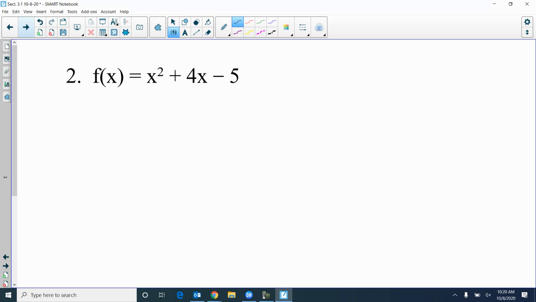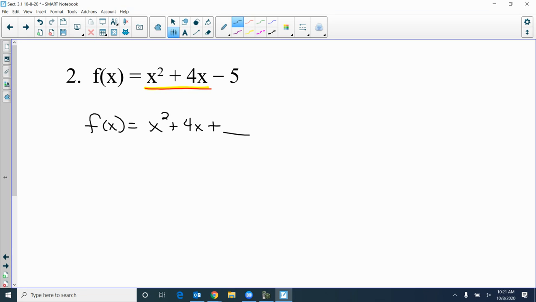Here's how we're going to do that. We're going to take your x squared plus 4x and complete the square, because we have to get a quantity squared. So this is going to be f of x equals x squared plus 4x, and then put a blank spot.